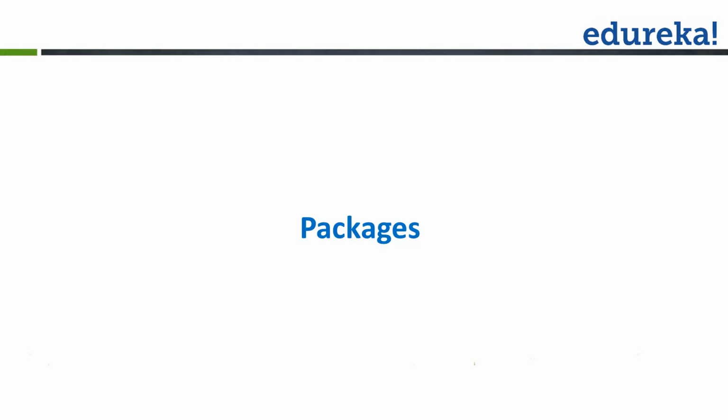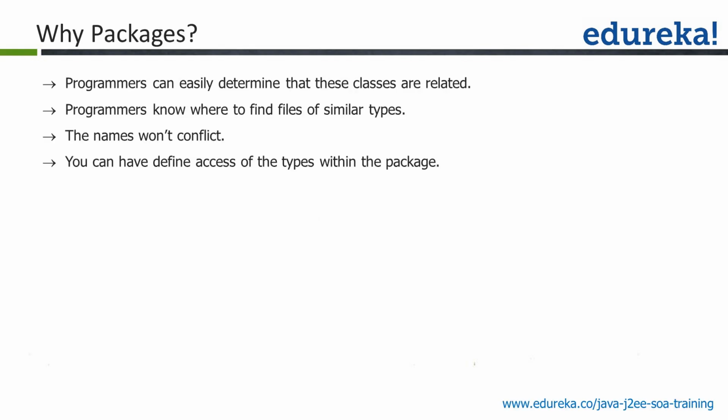So let us understand what is meant by the word package. Package is nothing, it's a directory or a folder in your programs, right? So here we can group some similar classes all together in a single package. So we won't have any naming conflict, and we get something known as to define the access types with package.